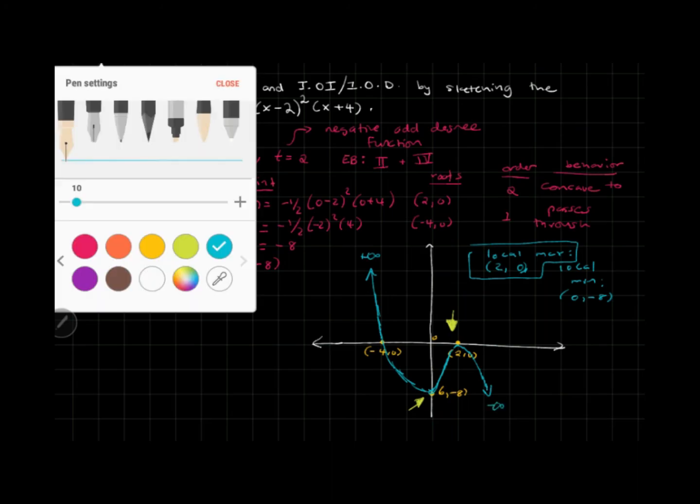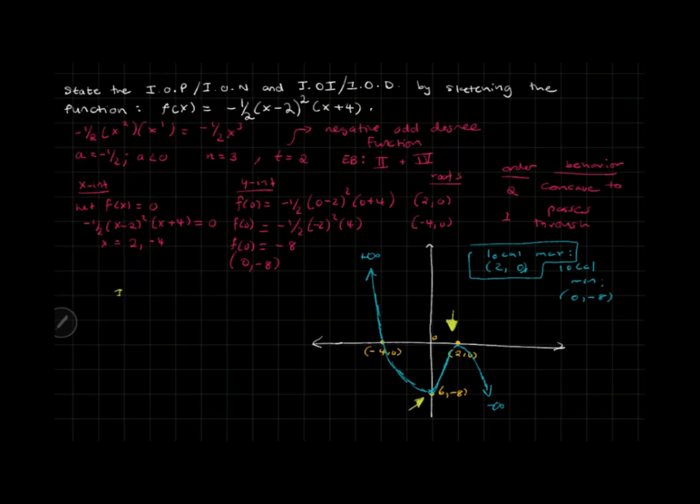Now what we want to do here is look at intervals of positivity and negativity. Let's take a look at the intervals of positivity. That's basically when f(x) is greater than or equal to 0, when it's positive. So we're basically looking at anything above the x-axis. And the only place that's going to occur is when x belongs to (negative infinity, -4].